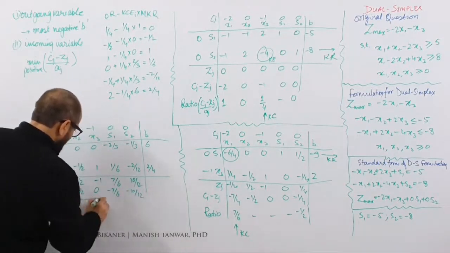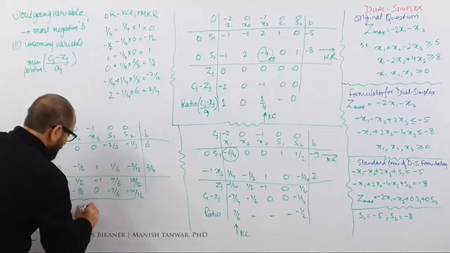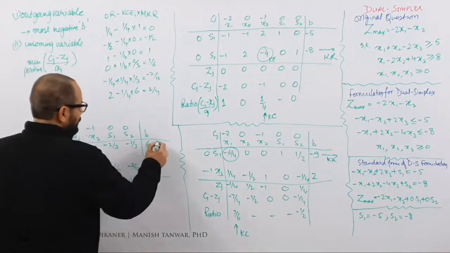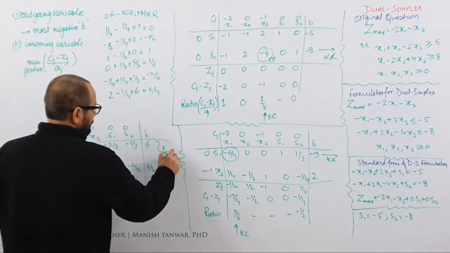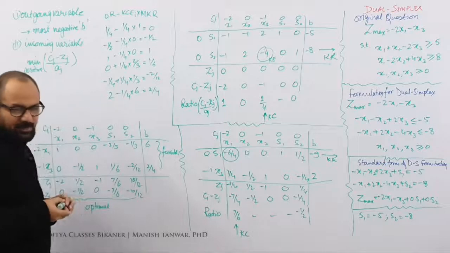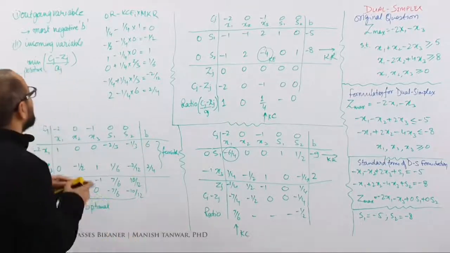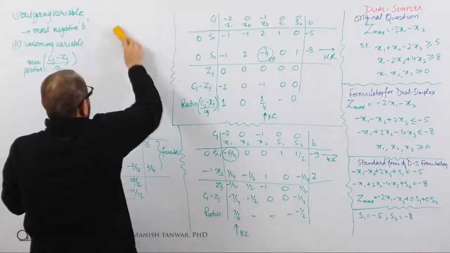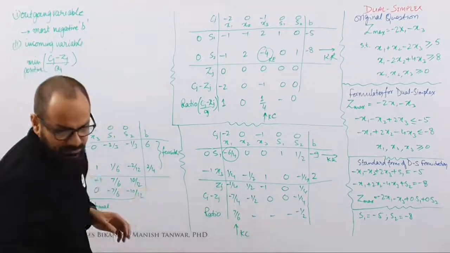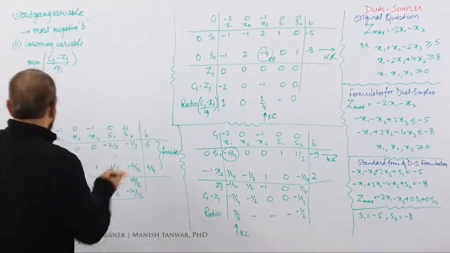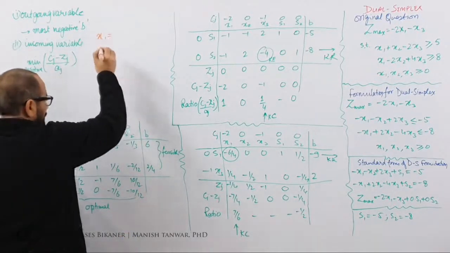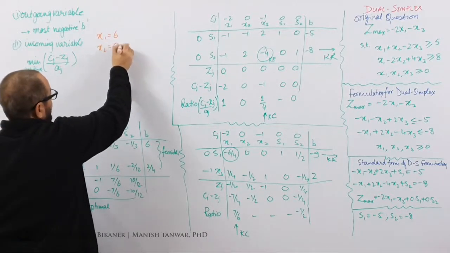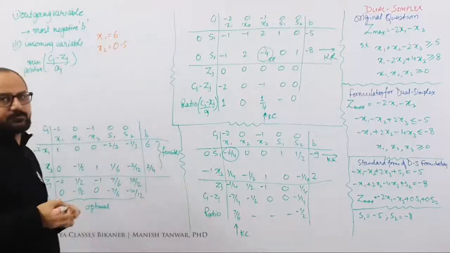Now again everything is negative or 0, hence it is optimum and also it is feasible. So we can write that the solution to my dual simplex is x1 is equal to 6, x2 is equal to 0.5.